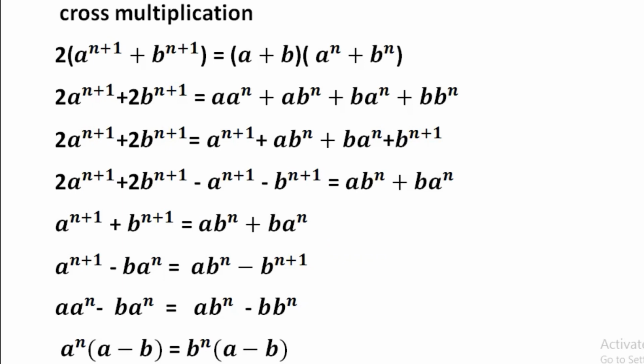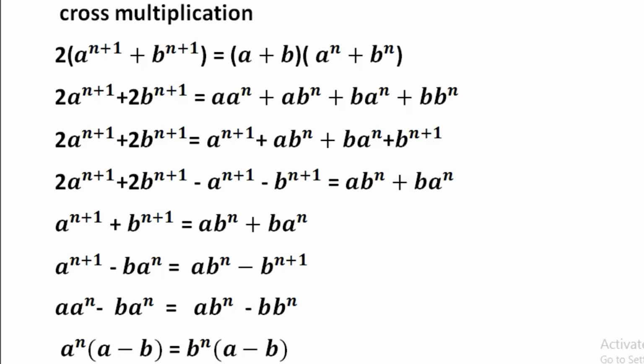So next, a power n plus 1 minus, take b a power n from the left side, sign will be negative, so equal to a b power n, take b power n plus 1 to the right side, sign will be negative, minus b power n plus 1.